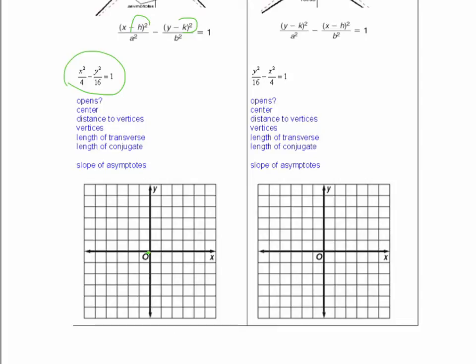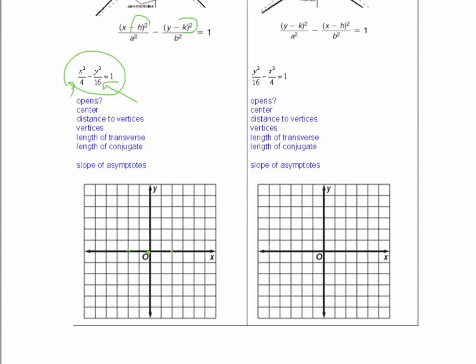Then we're going to look at what isn't the radius, but is like a radius. Underneath the x squared, we see a 4. We want to take the square root of that, which is 2, and go out 2 on the x-axis and back 2 on the x-axis. Then we're going to look at the number underneath the y squared. That's 16.